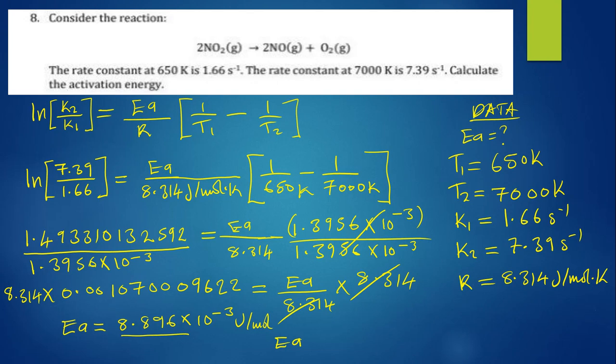So divide that by 1000, you get something like 8.896 times 10 to the power negative 6 kilojoule per mole. So that's our final answer.